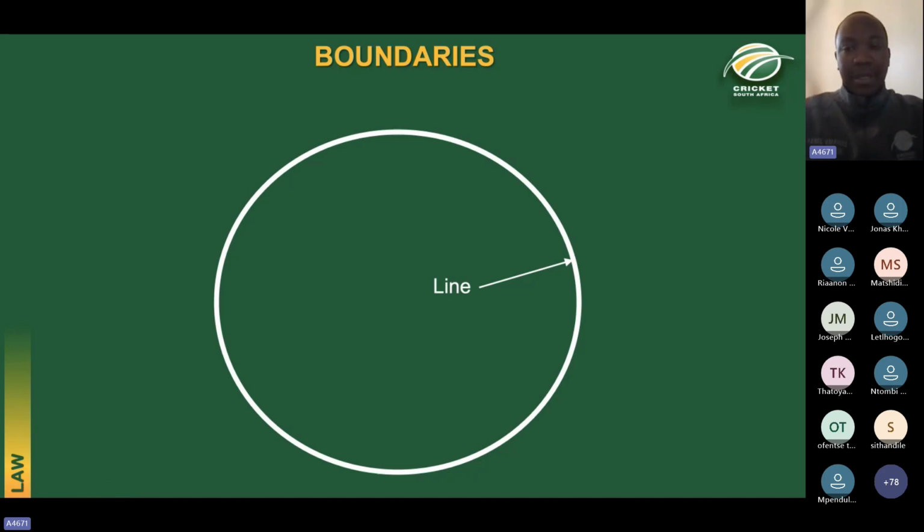So if the ball lands on the full on any part of that line, then it will be a boundary 6, because the inside edge of the line is actually where the boundary starts.